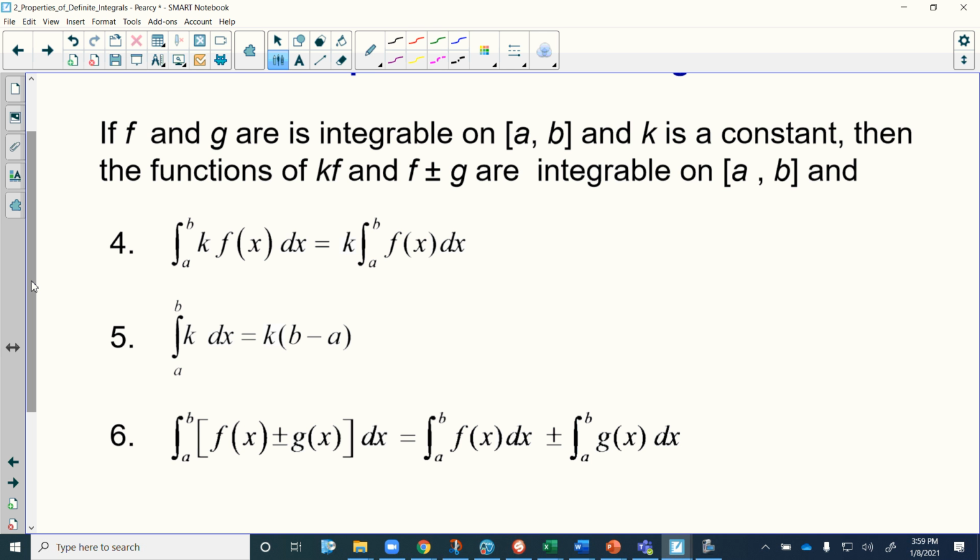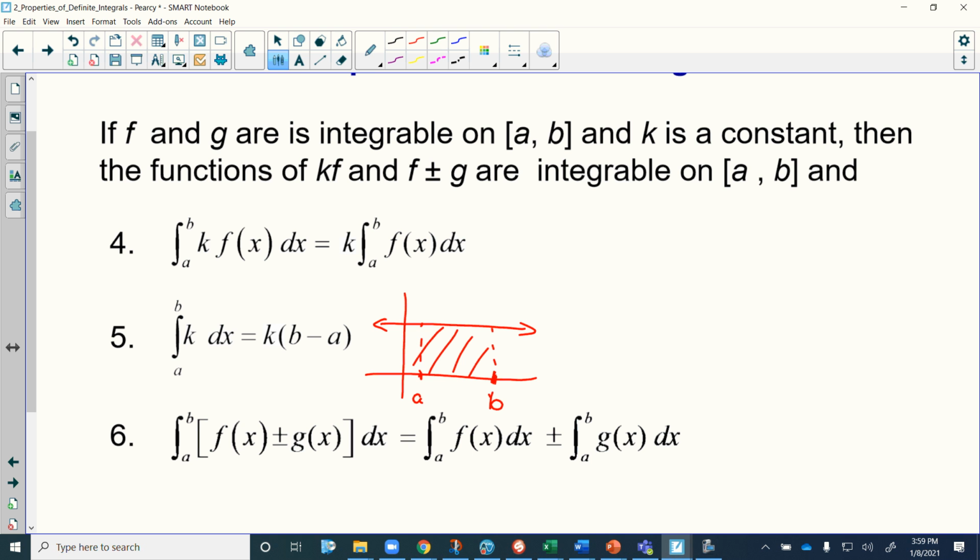Now, if you're trying to integrate a constant function, if you go back to what we understand about functions, on the x and y axis, a constant function is just a horizontal line. So the integration from here, this is A, this is B, every shape that we have is always going to be a rectangle.